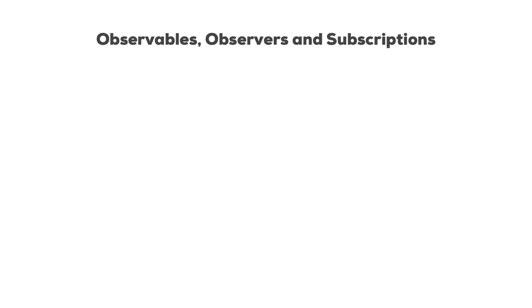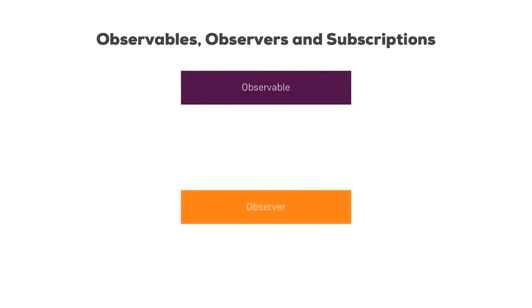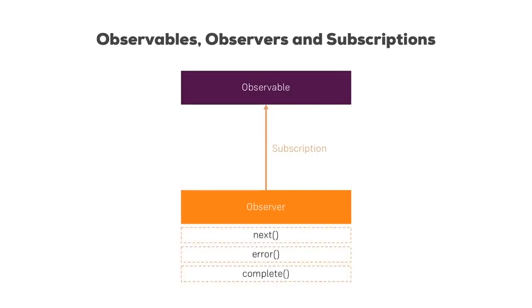Here's more theory on that. So we typically think in observables and observers. The observer is essentially the thing subscribing to an observable, or the thing which establishes this subscription and manages it, you could say. There are three methods which are called on the observer's side, and that's next, error, and complete.